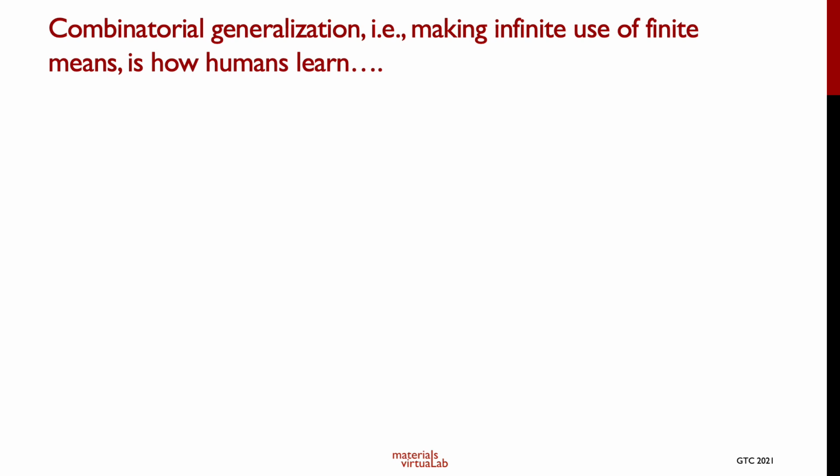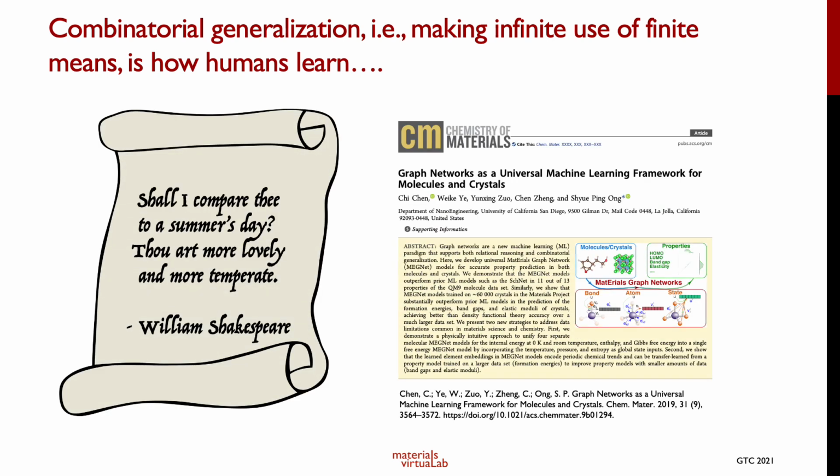Combinatorial generalization is in general how humans learn, right? If you think about the 26 letters in the alphabet, the same 26 letters can be used to, say, compose a sonnet, which is what William Shakespeare does, or we can also write dry scientific papers, which is what my group does.